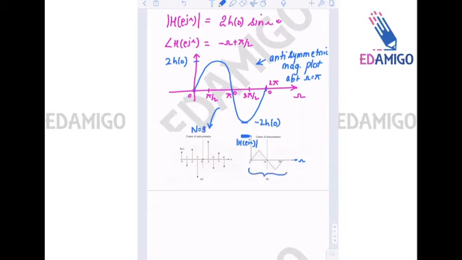Here also the magnitude plot is anti-symmetric. Okay, so we can say that when Hn is anti-symmetric and n is odd, then the magnitude plot is also anti-symmetric with respect to pi. So this is the conclusion for case 3.